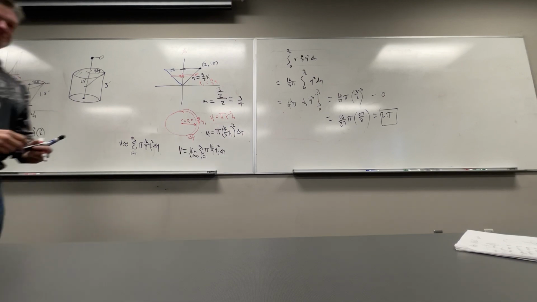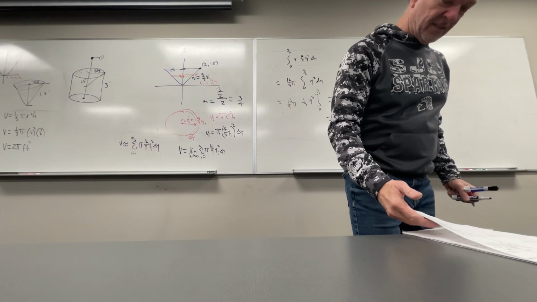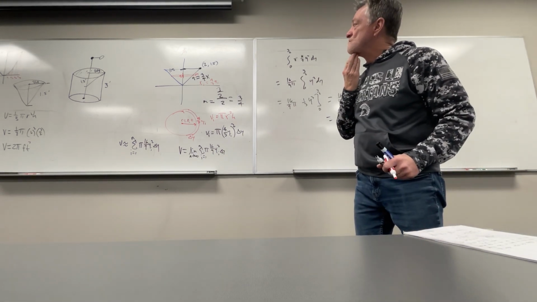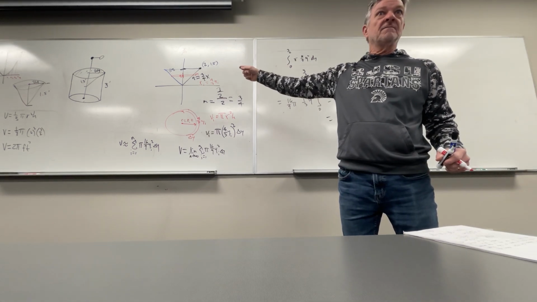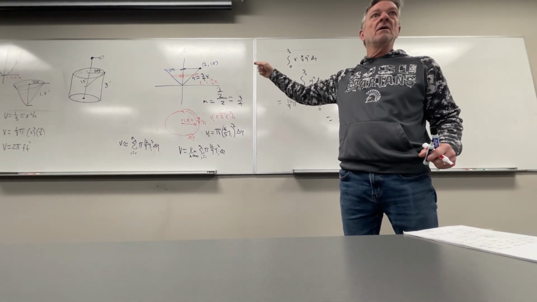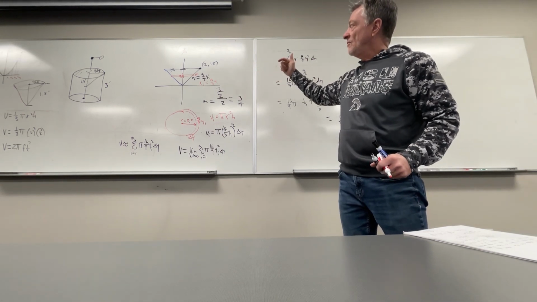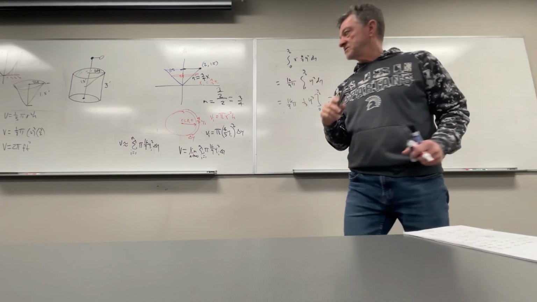All right, let's do some more. Let's see. I tell you what, let's rotate that thing about the x-axis. Let's take the same line, y equals 3/4 x, and rotate it about the x-axis and see what happens.